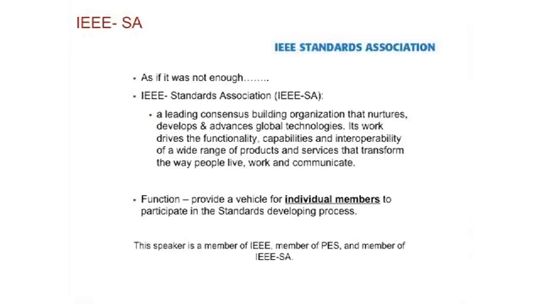It started with $10, I remember when they started it, on top of your regular annual membership of IEEE and PES. Now it may be $30 or $40. It's like everything else. But you have to be a member of IEEE SA as an individual person to participate in any of these standard processes. Okay.